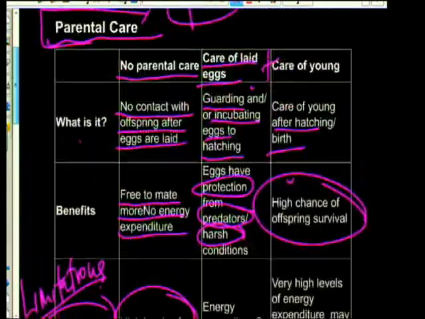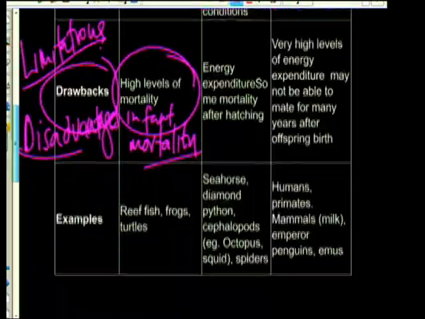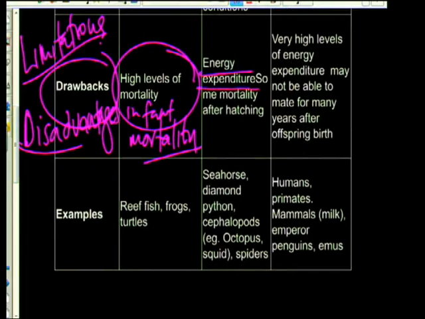And in the disadvantage of care, you need energy expenditure. So there's less mortality after hatching in that case. But there can also be mortality of the parent after that, because they're using up their energy and/or they sacrifice even their own lives to care for the young.